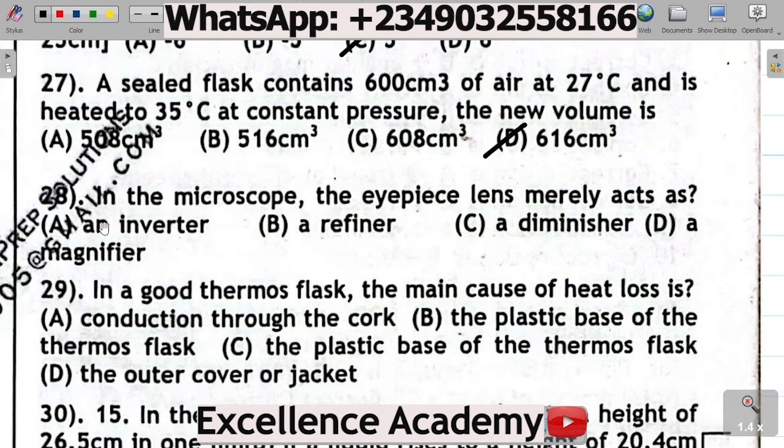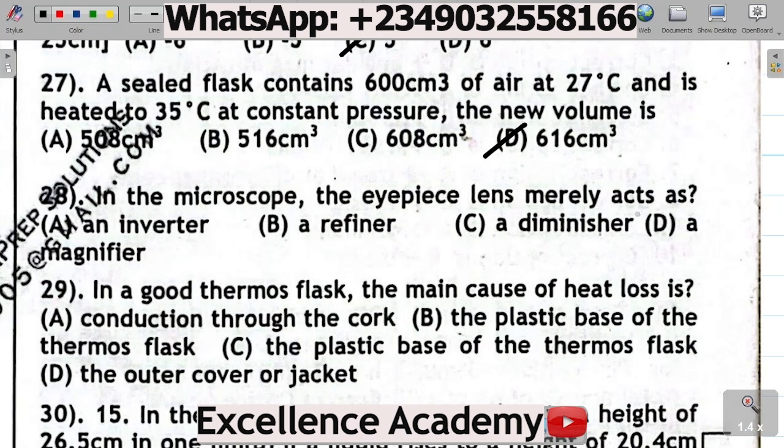Next up, question number 28. 28 says, in the microscope, the eyepiece lens merely acts as A, an inverter, B, a refiner, C, a diminisher, D, a magnifier. So for 28, what's the correct answer there? The correct answer there is D, a magnifier.